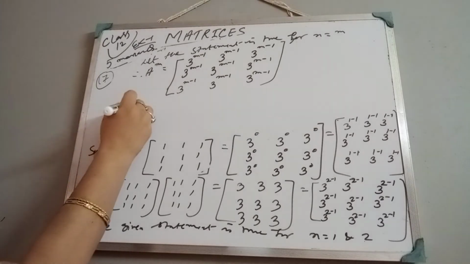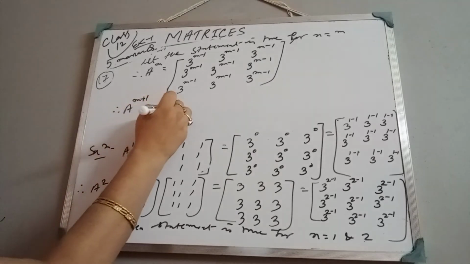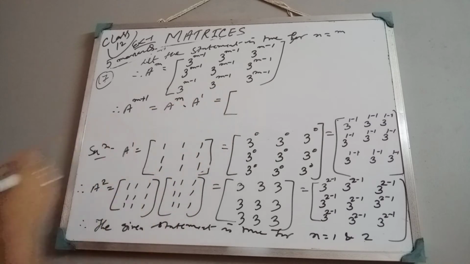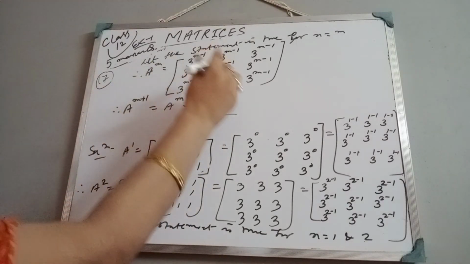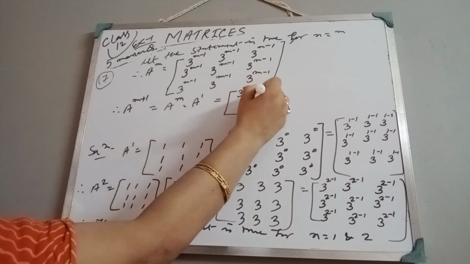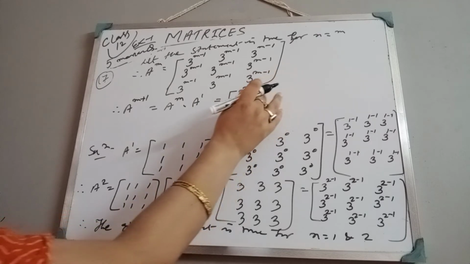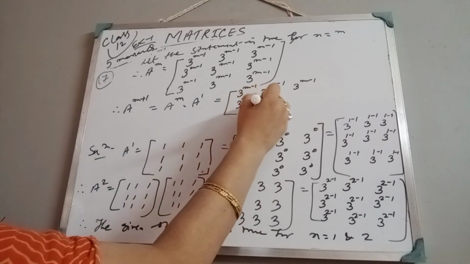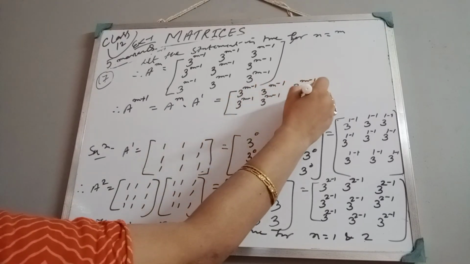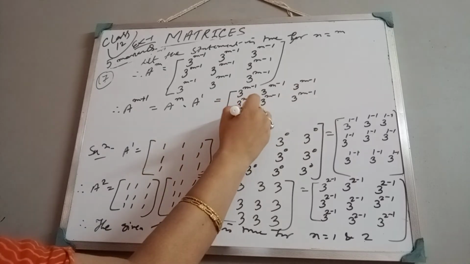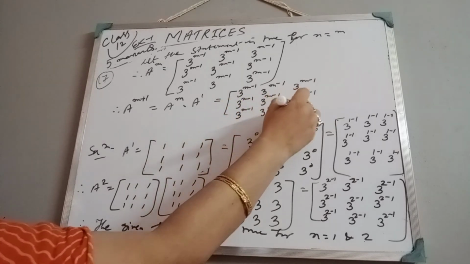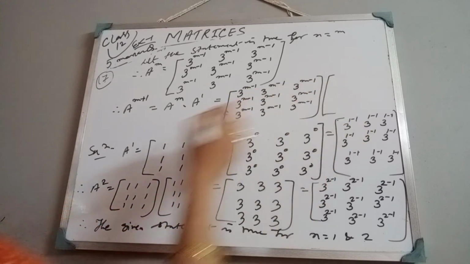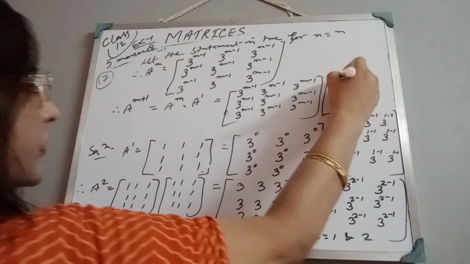Now we have to write A to the power m plus 1. That equals A to the power m into A to the power 1. A to the power m means this one, so 3 to the power m minus 1, into A to the power 1, which is 1, 1, 1.